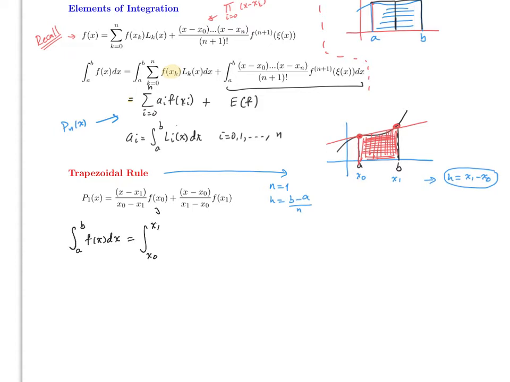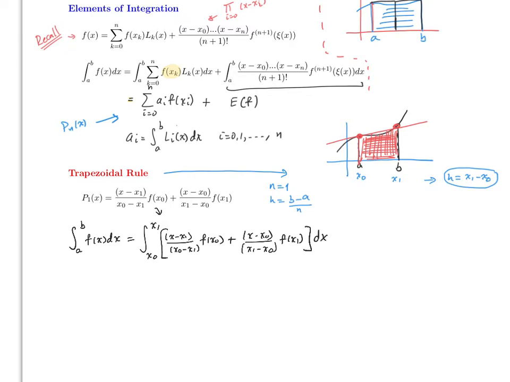And then we just write this in here. So we're trying to integrate (x minus x1) over (x0 minus x1) times f of x0, plus (x minus x0) over (x1 minus x0), the whole thing times f of x1, and we're integrating with respect to x.